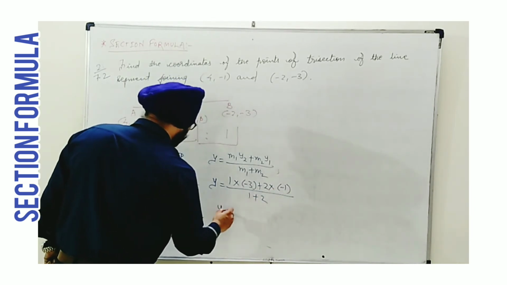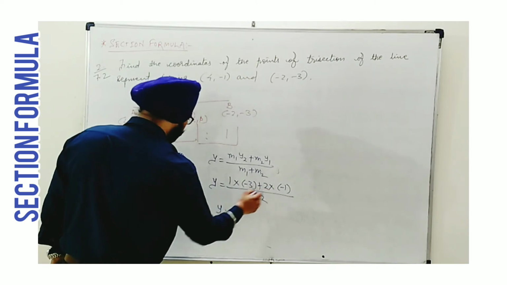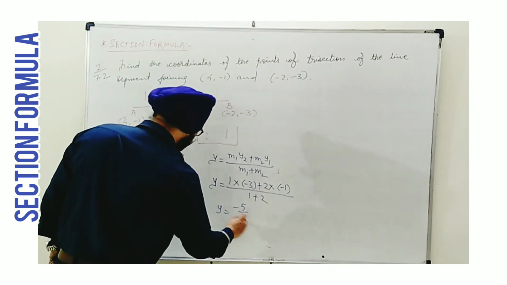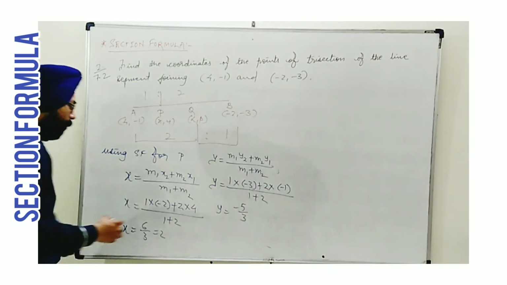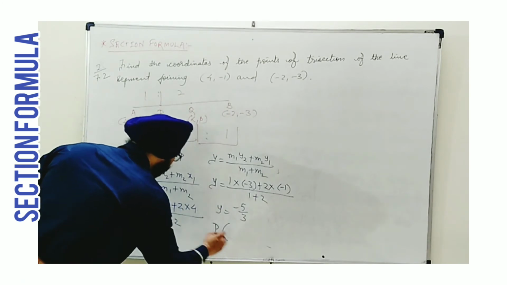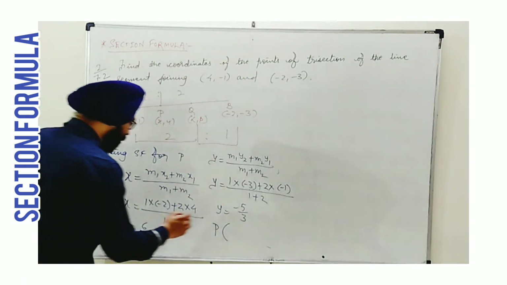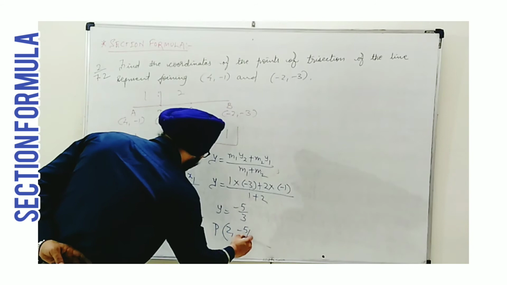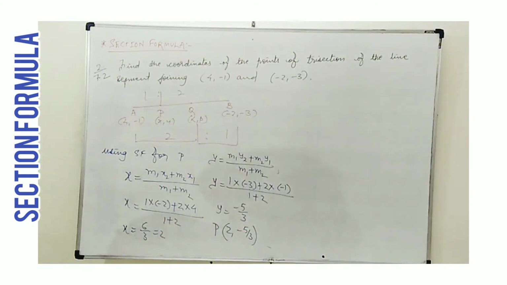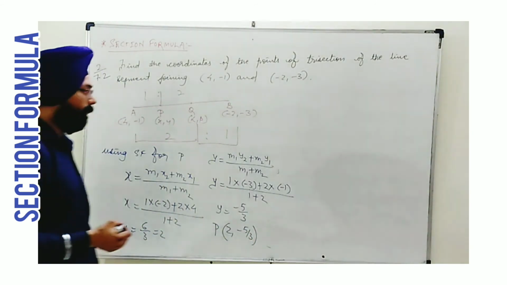So we get y equal to -3 -2, which is -5 upon 3. So the coordinates of P, the first point which will divide this segment, are 2, -5 upon 3. Now we need to find the coordinates of Q.